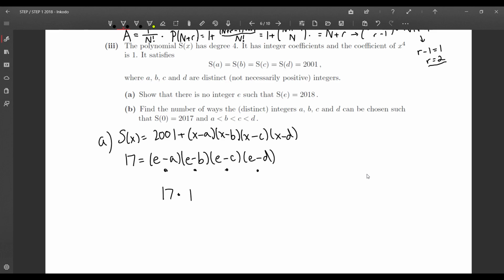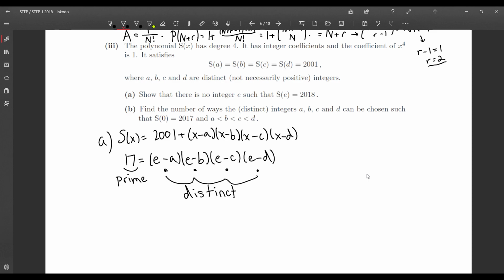Now you could have -1 times -1, but then you have a repeat. It's just simply not possible for these 4 to be distinct. And this is prime. So one of these is going to have to be plus or minus 17. The remaining 3 are going to have to multiply to plus or minus 1. So they're all going to have to be plus or minus 1.